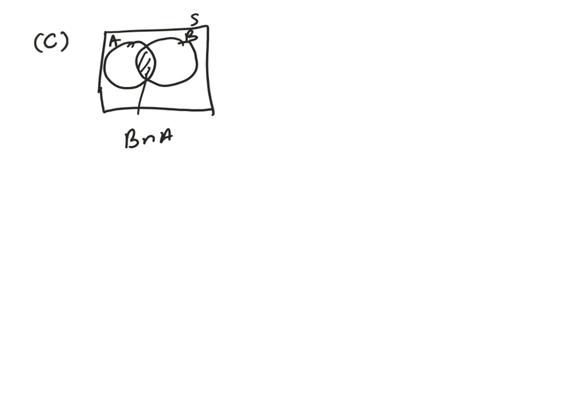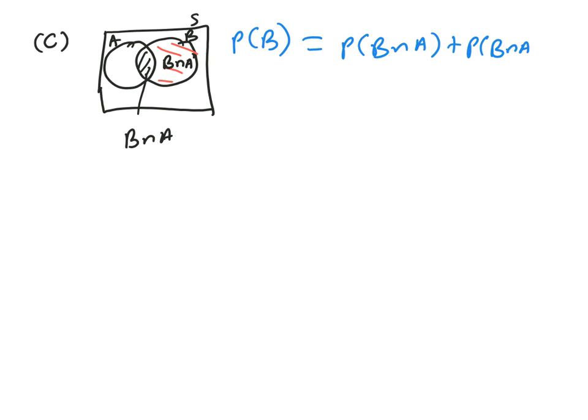And this other region here is what we are calling B intersection A complement. That's now the outside of A meeting set B. So we can say that the probability of B is the probability of B intersection A plus the probability of B intersection A complement.